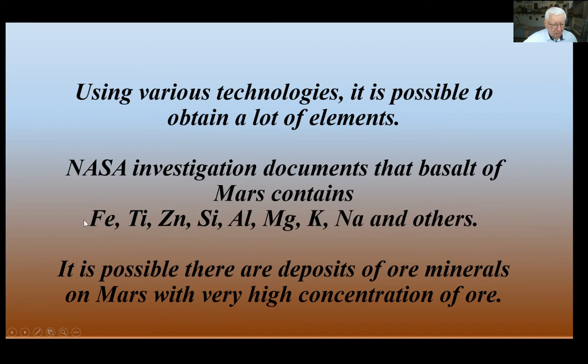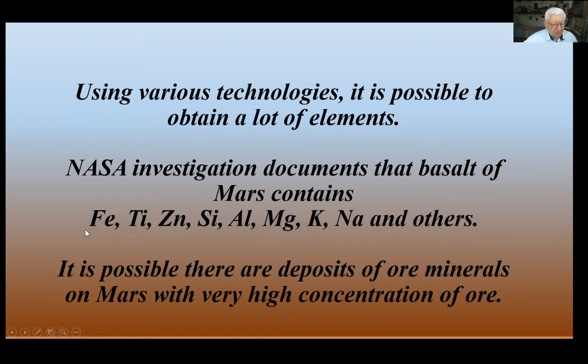For example, iron present in the basalt after oxidation makes reddish iron minerals which make the surface of Mars red, probably because of these iron minerals, oxides, we observe this planet as red.